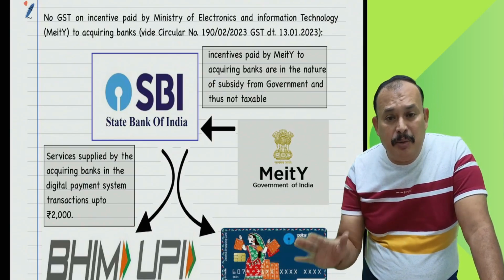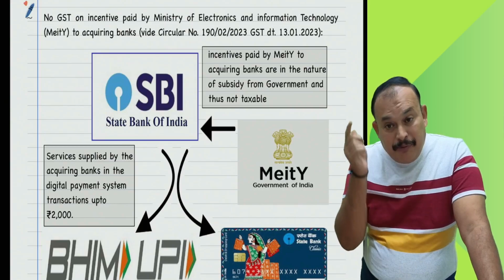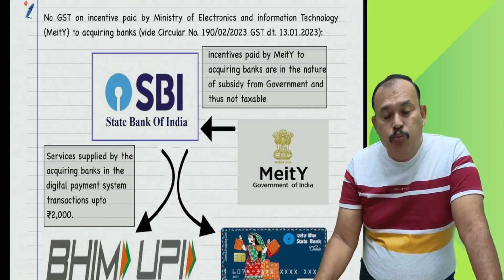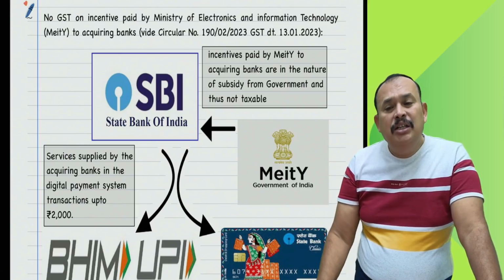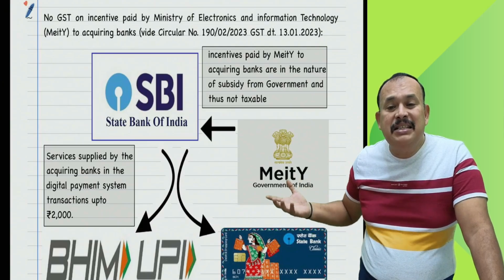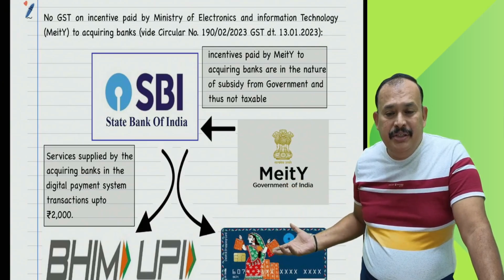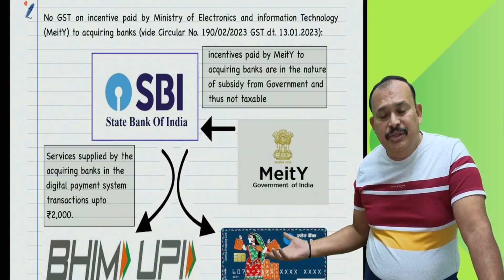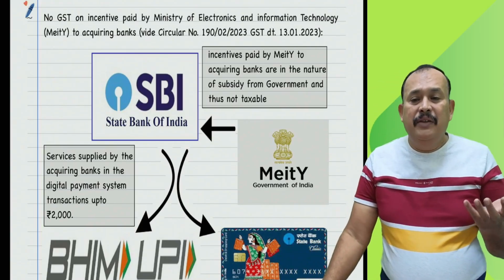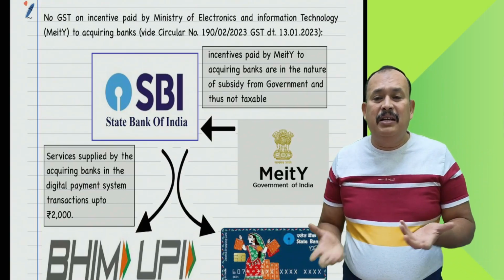These are all the services provided by banks. For the services provided by the bank, they are not charging any charges also. Reason? To encourage cashless transactions, to encourage online transactions. The bank says, if I provide such services freely, I will get a loss.